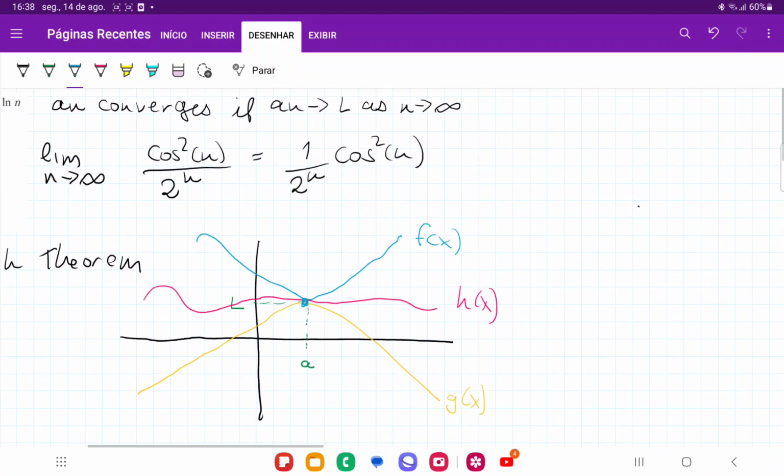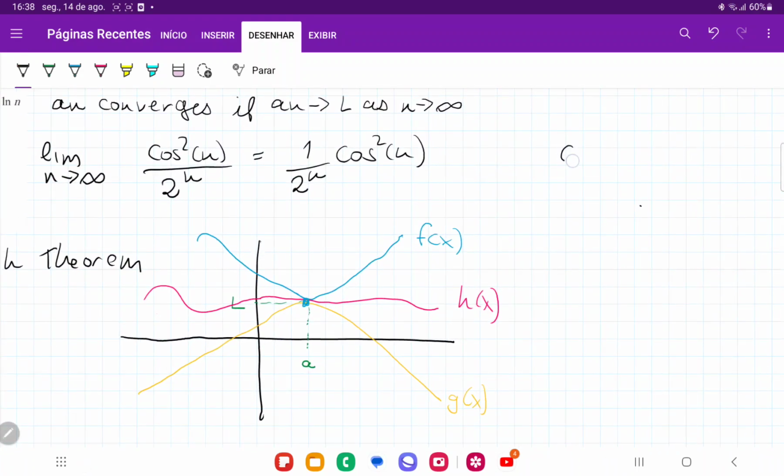And so we're going to use the same principle here, and we're going to say, okay, cosine squared of n over 2 to the power of n is definitely less than or equal to 1 over 2 to the power of n, because 1 is the biggest value that cosine squared can take. It can't take anything bigger than that.